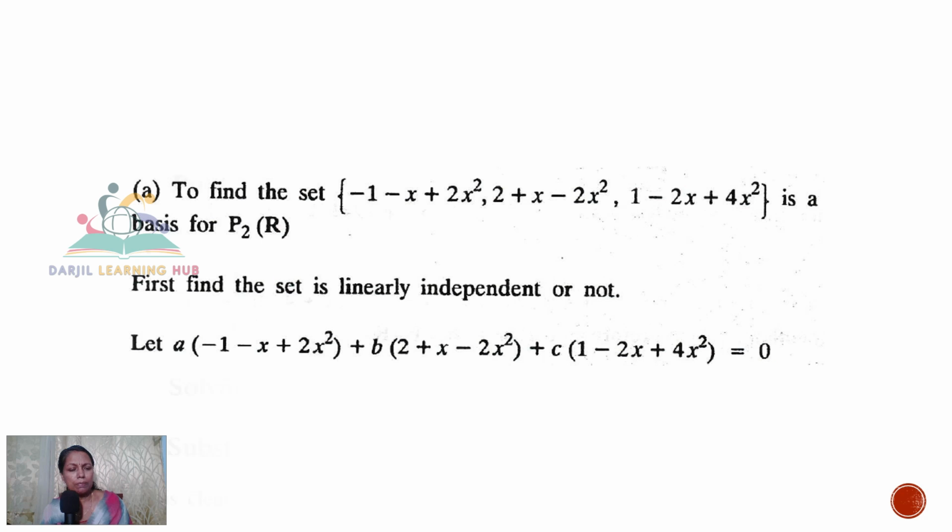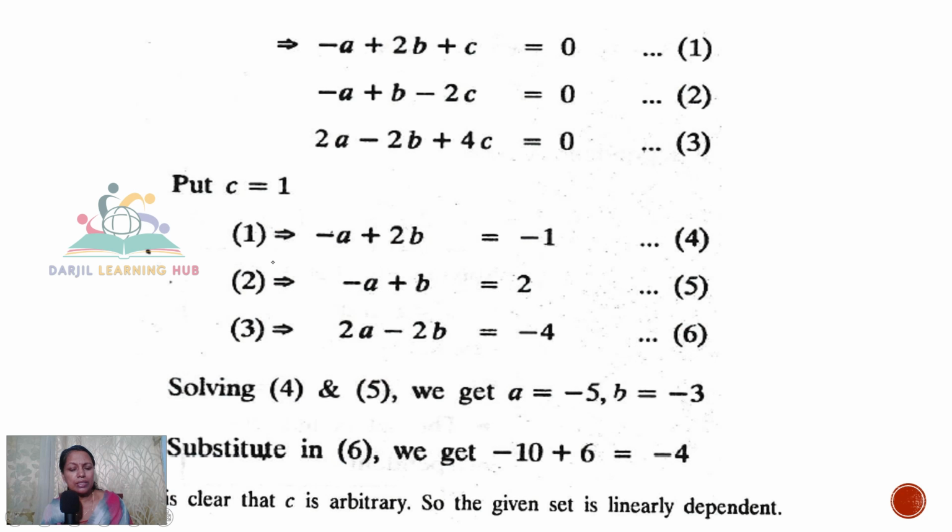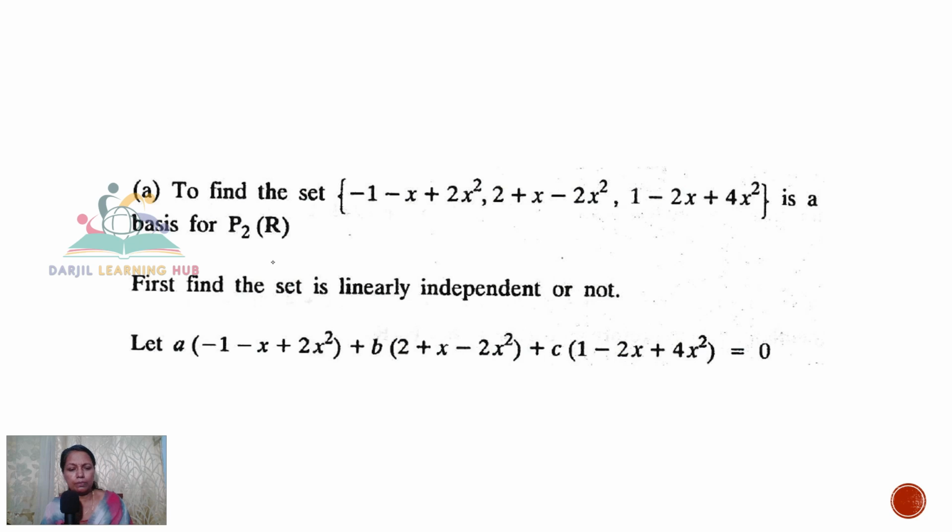Multiplying, we can get: minus A minus AX plus 2AX square plus 2B plus XB minus 2BX square plus C minus 2CX plus 4CX square is equal to 0.